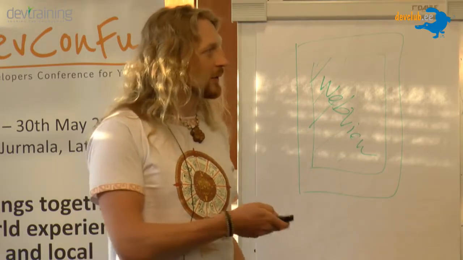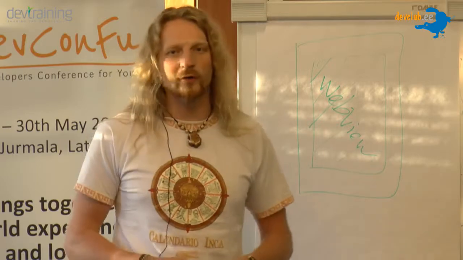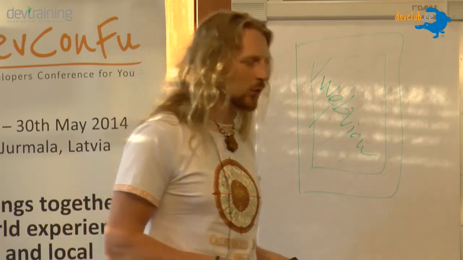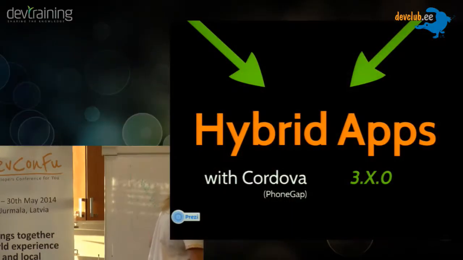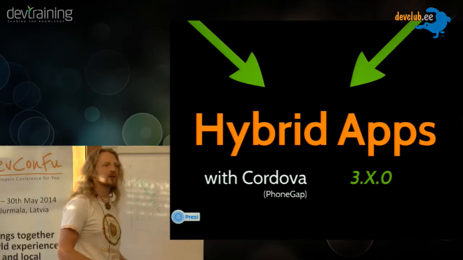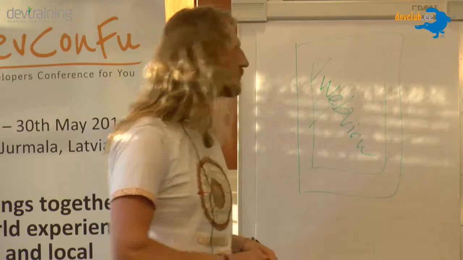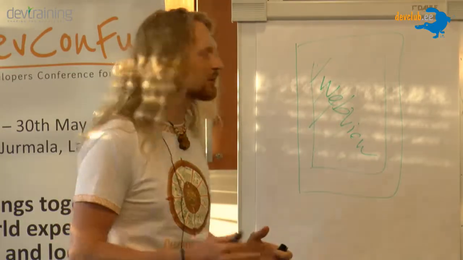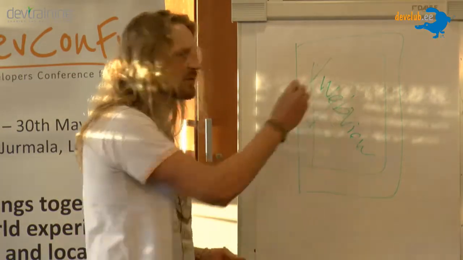So that's where Cordova comes to the rescue. What Cordova is, is basically very simple. It's a tool that packages your HTML and JavaScript inside of the native app package.